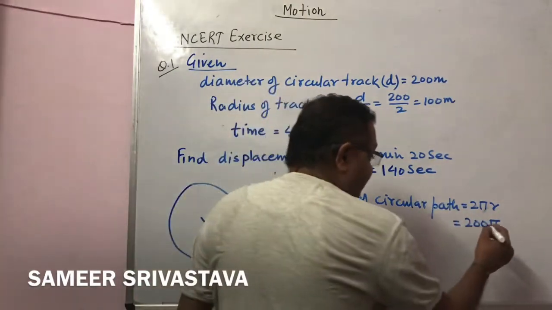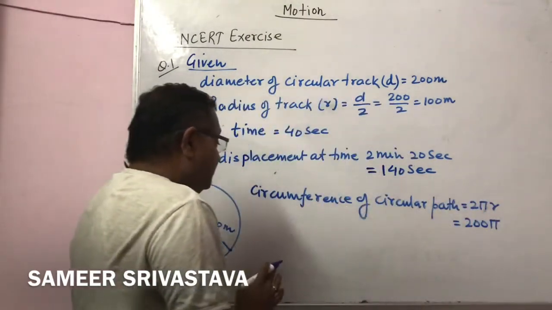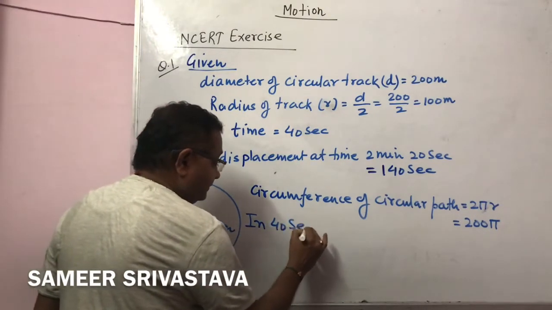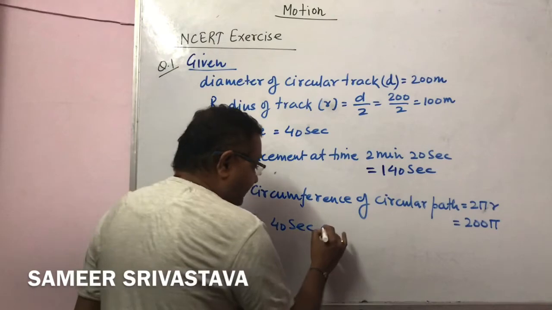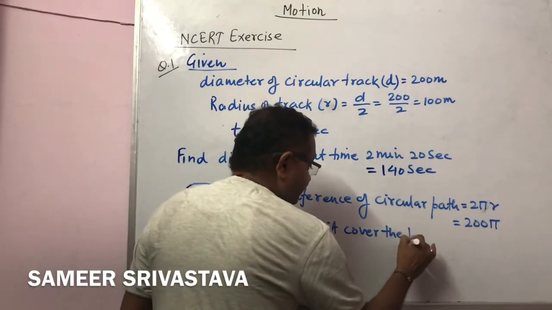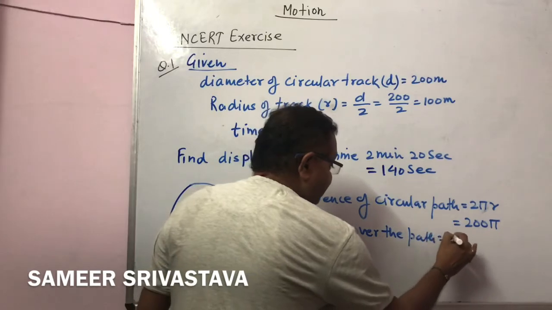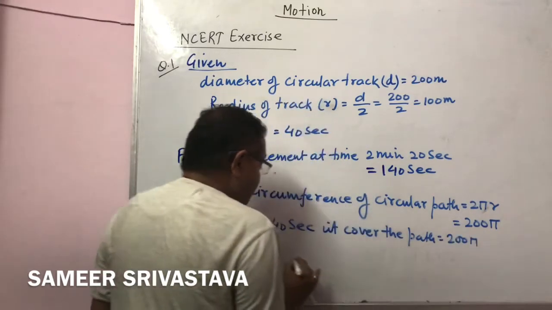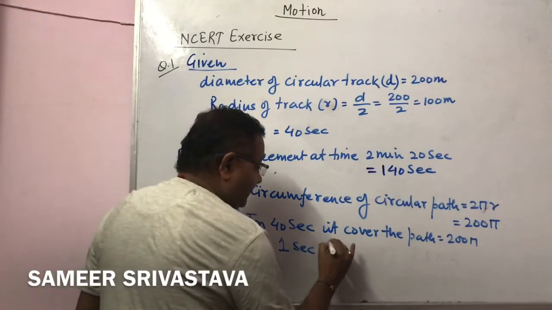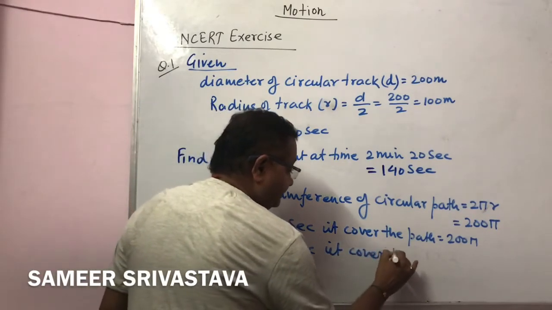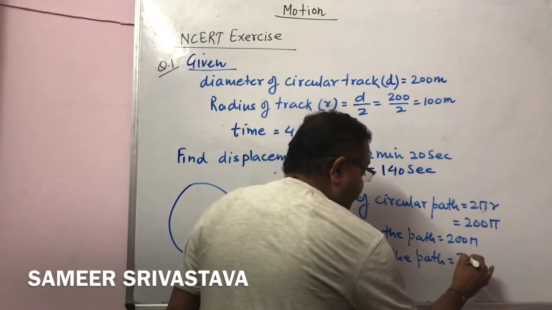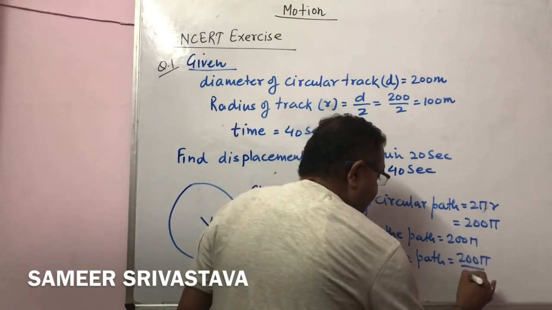Okay, 200 pi meter. Now in 40 seconds it covers the path, how much? That is 200 pi. So in 1 second it covers the path, that will be 200 pi upon 40.